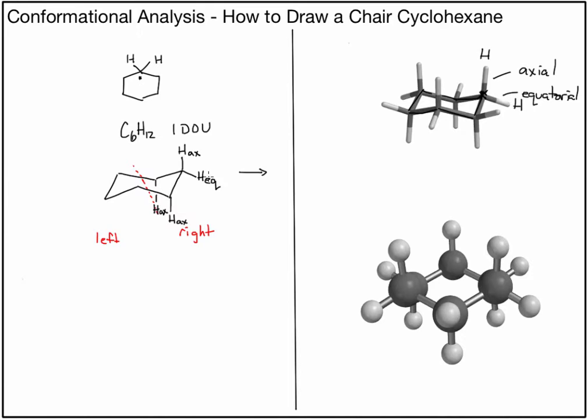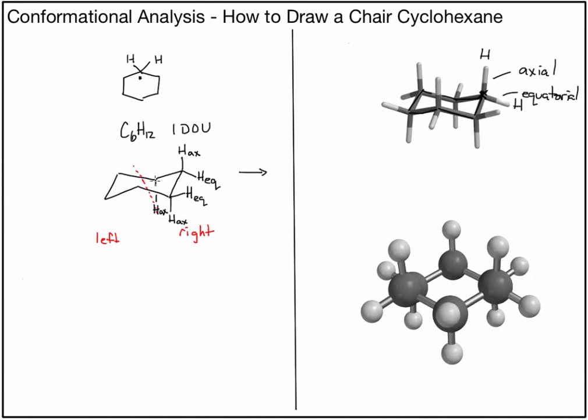The equatorial hydrogen has to point towards the right, so we have to draw it a certain way. Notice in the model that the equatorial hydrogen is up. So it's pointing towards the right and it's up.